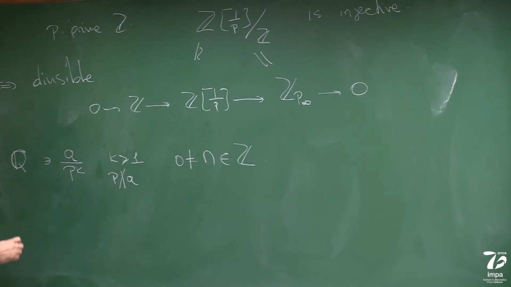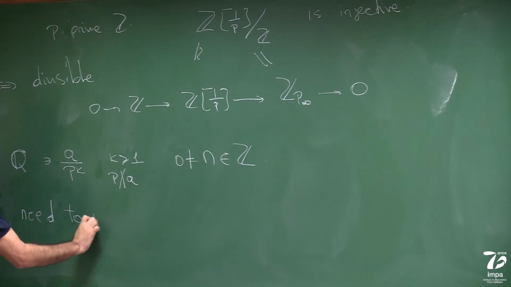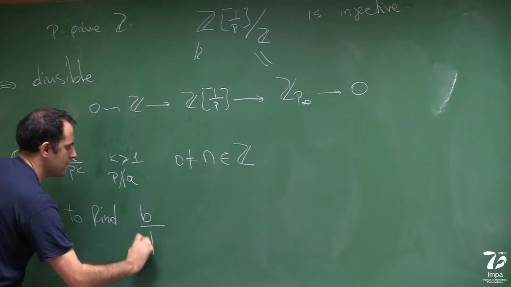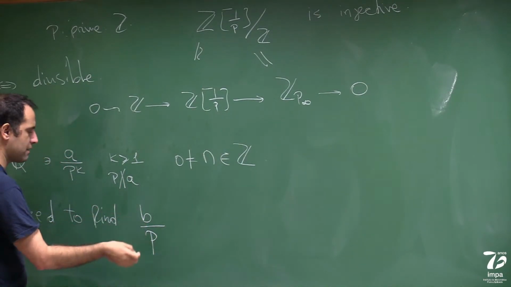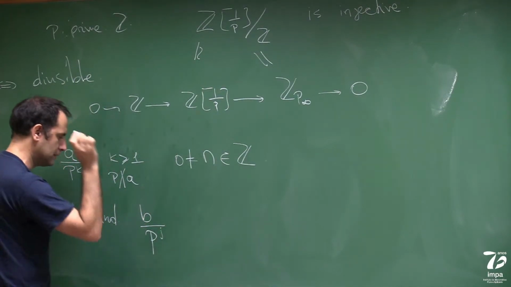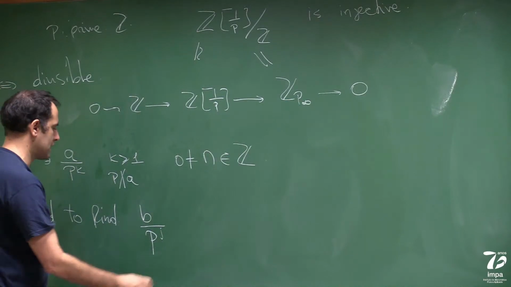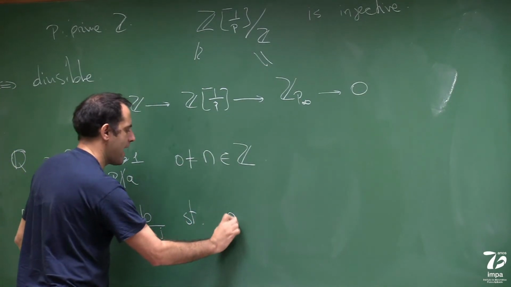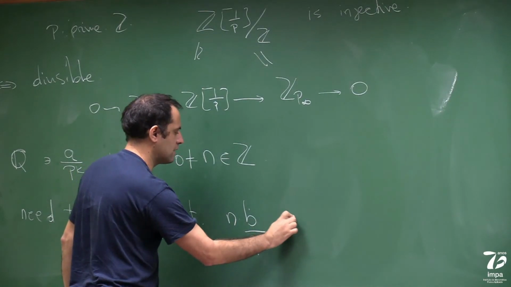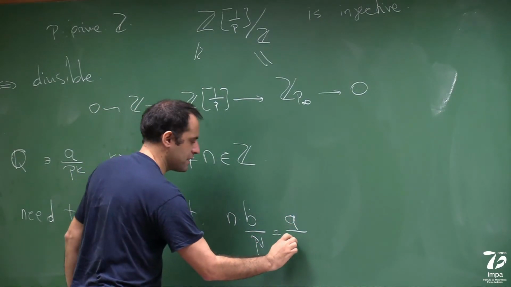So I need to prove something of the form b divided by p to some other power j, such that n times b divided by p to the j is equal to this a divided by p to the k.